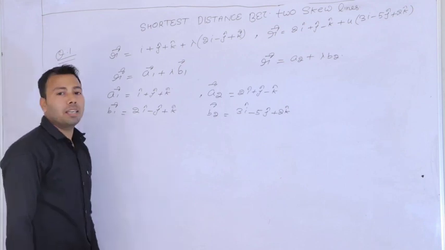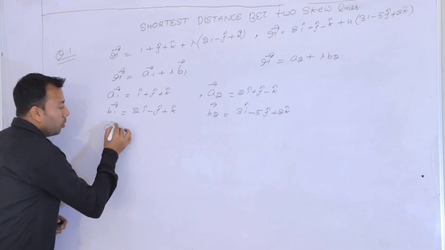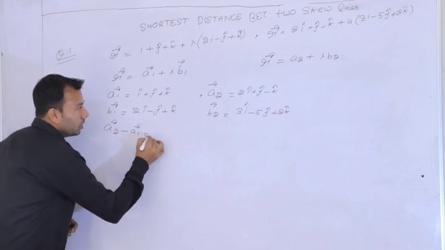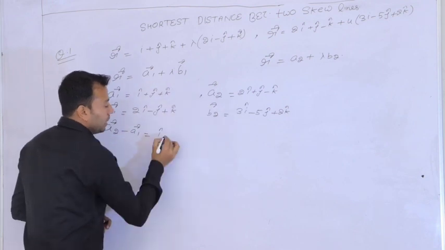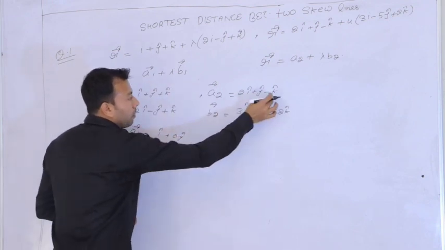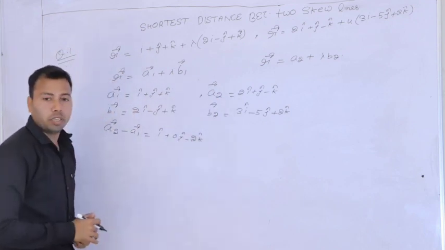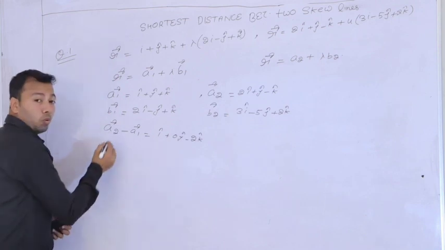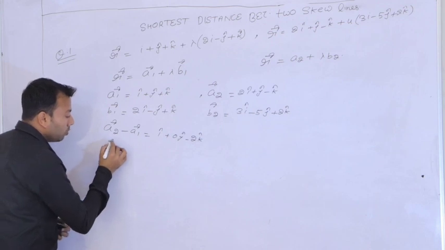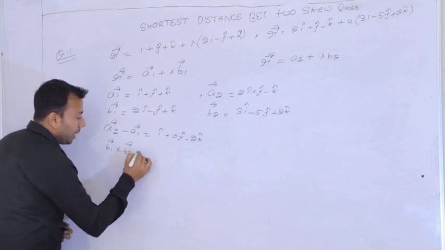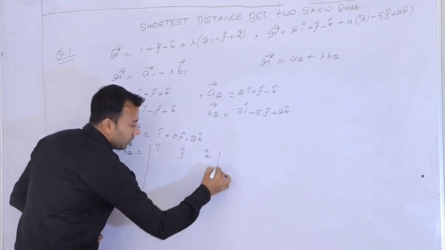Firstly, we have to find the difference between a2 and a1. So, a2 minus a1 is 2i minus i, that is i, j minus j, that is 0j, and minus k minus k, that is minus 2k unit vector. Now we have to find b1 cross b2 with the help of a determinant. Firstly, we write i, j and k.